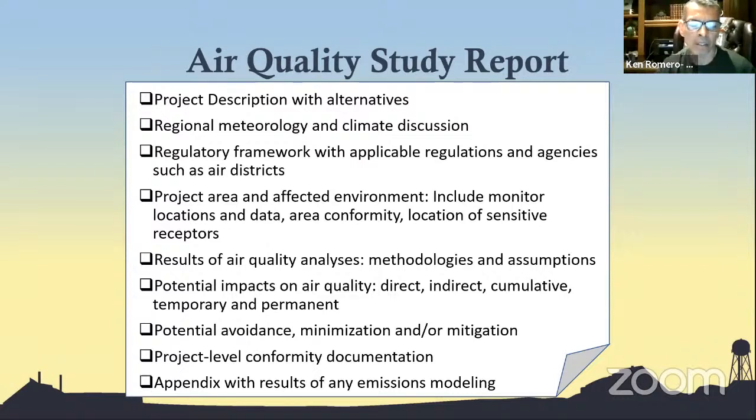And then we also include all our emission modeling results in the analysis to make sure that we are transparent in how we come up with our modeling results and how we identify impacts in comparison with baseline, as well as the build versus no build alternatives.